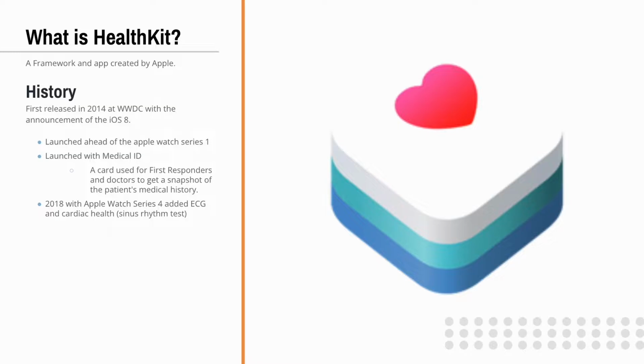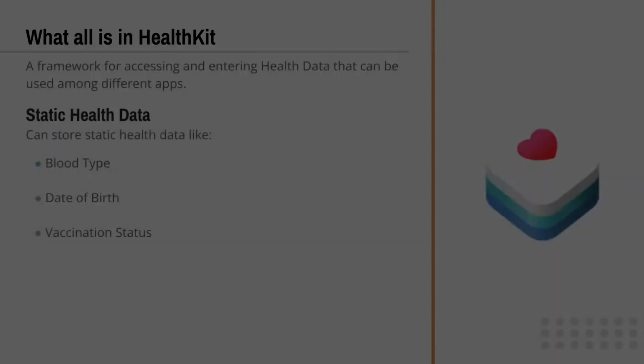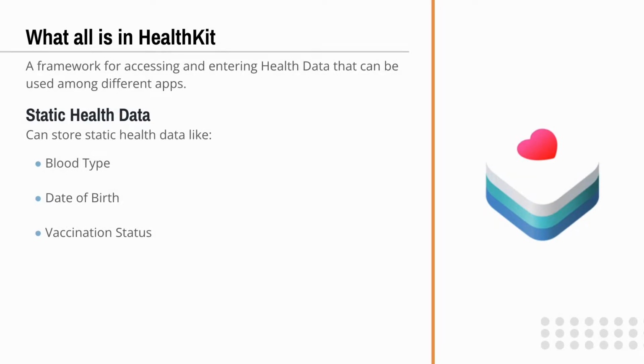There are also two types of data that I define here in the HealthKit space. One of them is static, and the other one is dynamic data. Let me talk a little bit about that. The static data is things like blood type, date of birth, vaccine status, which is very relevant now.